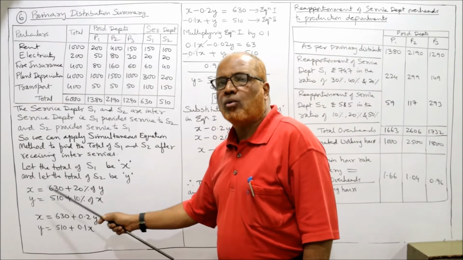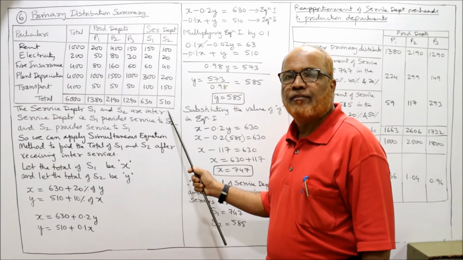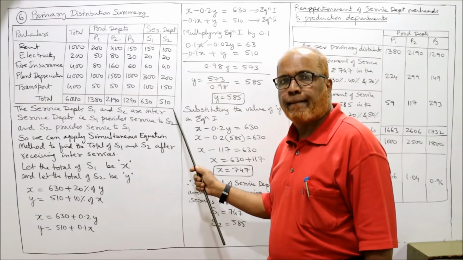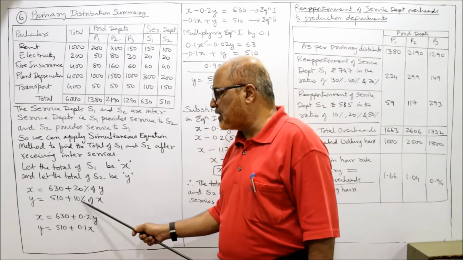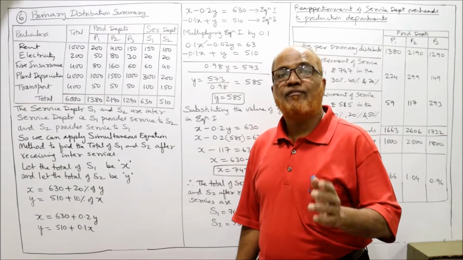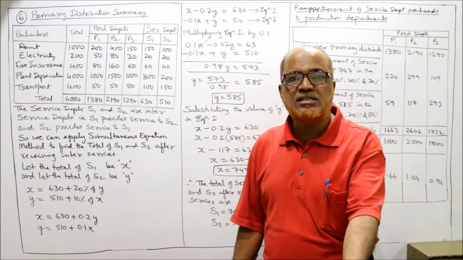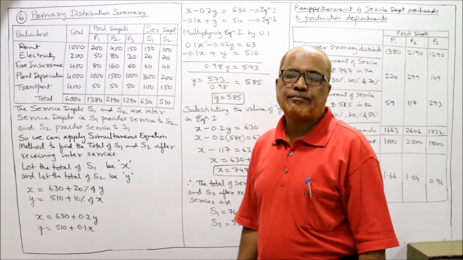So Y is equal to what is the total of Y without receiving the service? 510. Without receiving the service from S1, the total is 510. So 510 plus. How much service S2 is getting from S1? It is given in the problem 10%.